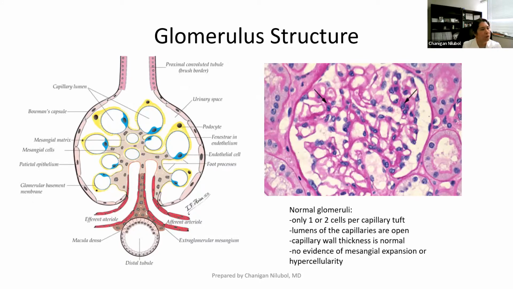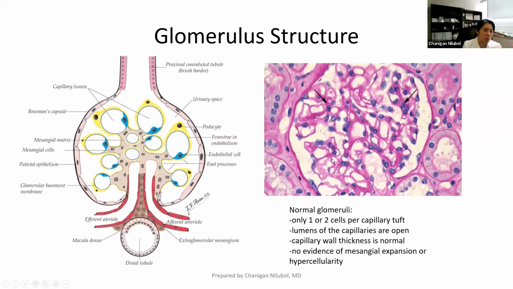like here. Can you see my arrow now? I've been pointing on my presenter view. So this is a capillary lumen that is open, and the capillary wall thickness, if you try to remember these pictures, is this pink line. This is the basement membrane.